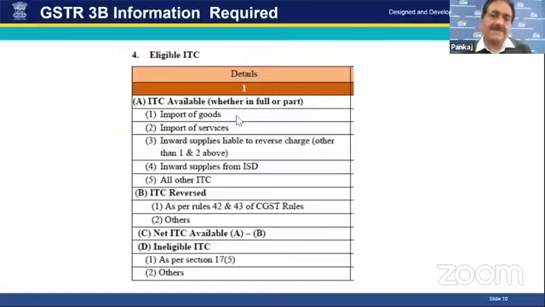Section 17(5) of the CGST Act contains certain supplies of services and some goods which are used for specified purposes, on which, as detailed in Section 17(5), the input tax credit is not eligible. The taxpayer is not eligible to take input tax credit. So these are to be factored in while furnishing the details in GSTR 3B.